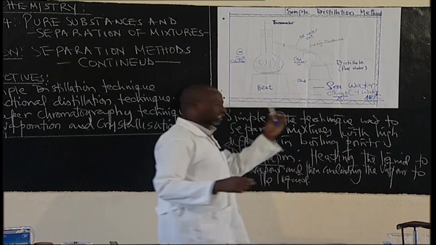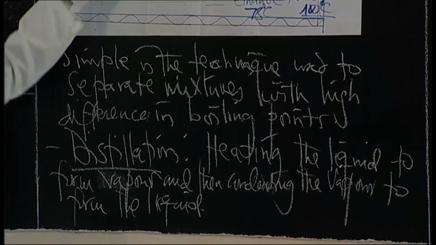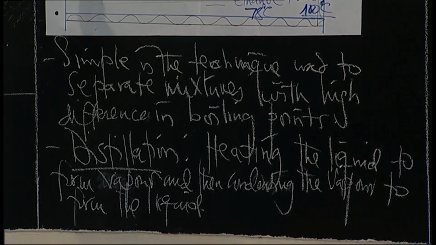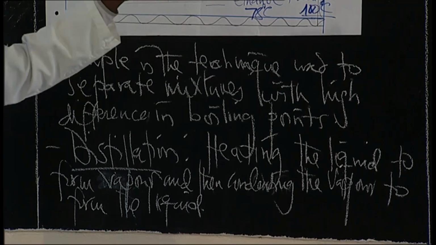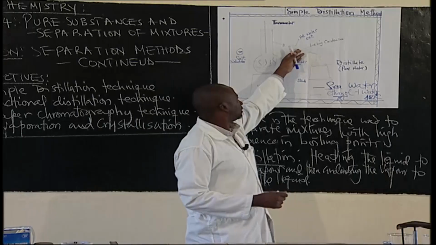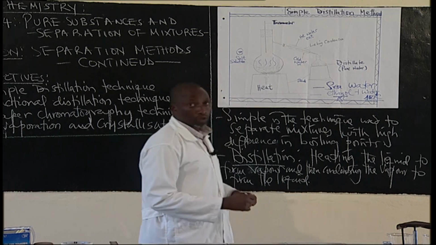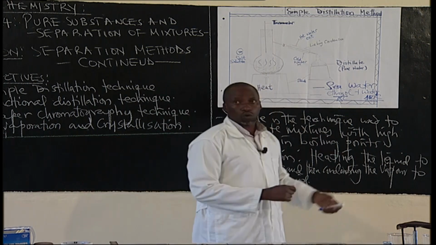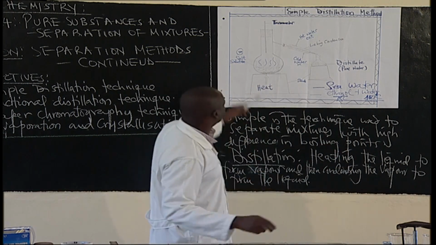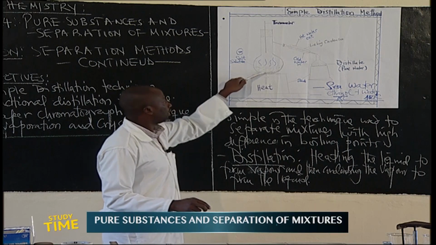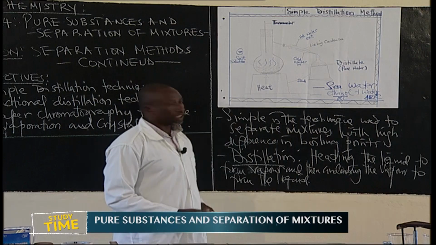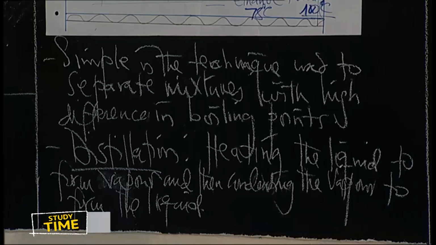You heat the liquid; here the mixture was in liquid form, which could be a solution. Then the water evaporates and is condensed. That is the purpose of this Liebig condenser. It is condensed and collected as pure water, so the salt remains behind in this flask. That is simple distillation.